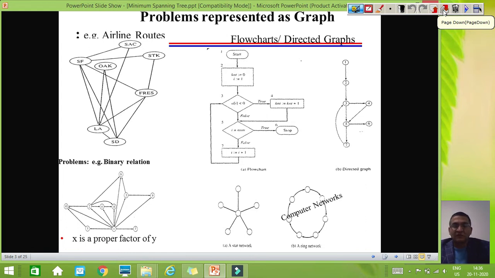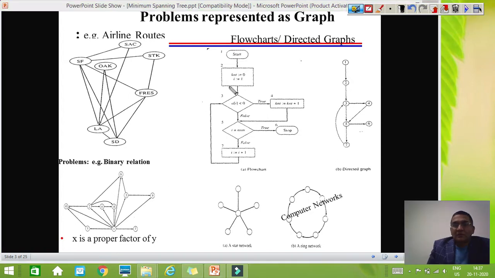So whenever you configure your network or your structure within your organization, you are again using a graph, and we call it a topology. We also represent different problems using the graph. For example, a graph can be very efficient to represent different rail routes, or different routes to reach any position. So graph can be used to represent many different kinds of problems.